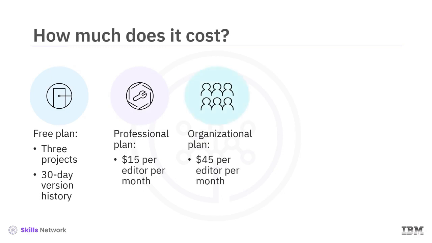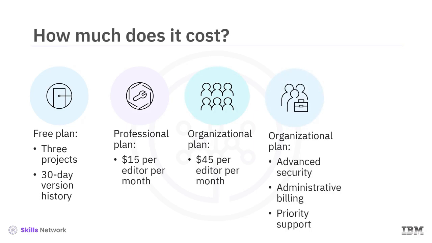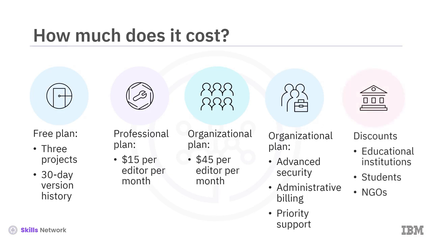The organizational plan costs $45 per editor per month when billed annually, is designed for larger organizations, and offers advanced security, administrative, billing, and priority support features. Educational institutions, nonprofit organizations, and students can get relevant discounts on the Figma website.